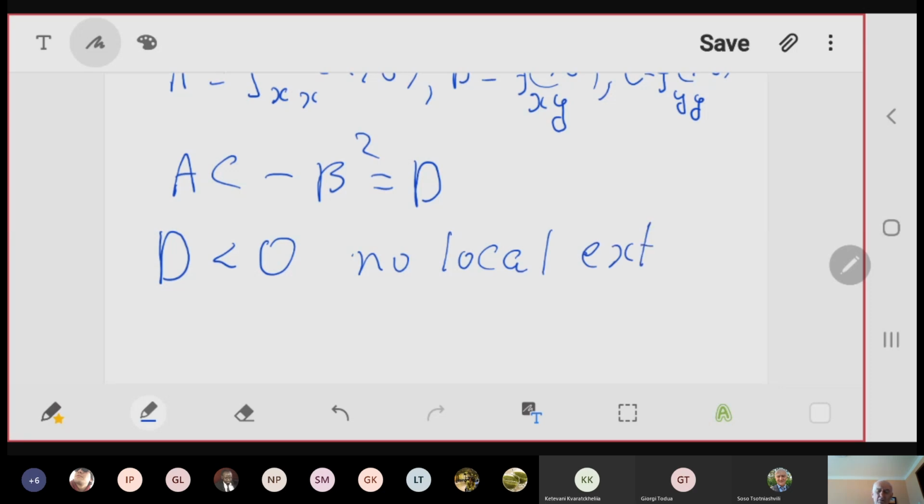It means we have no local maximum and no local minimum.